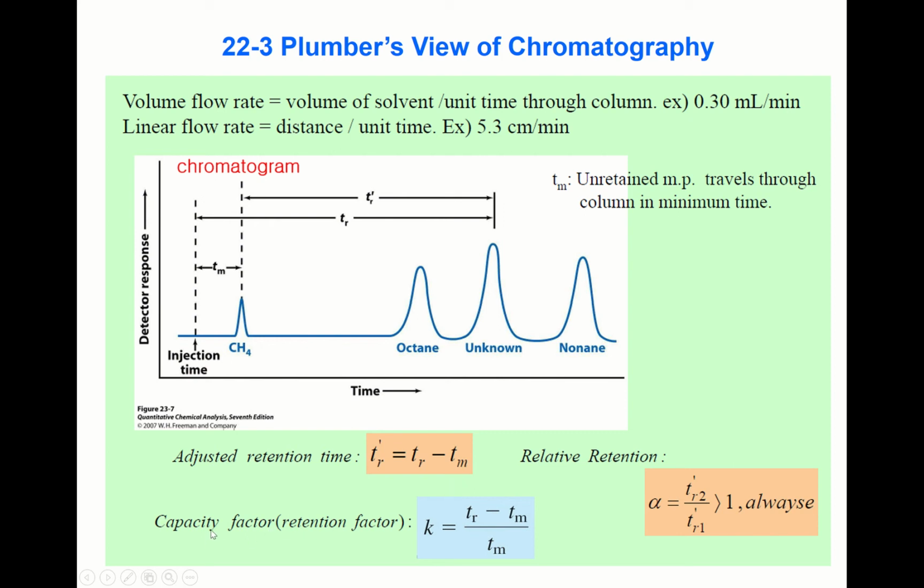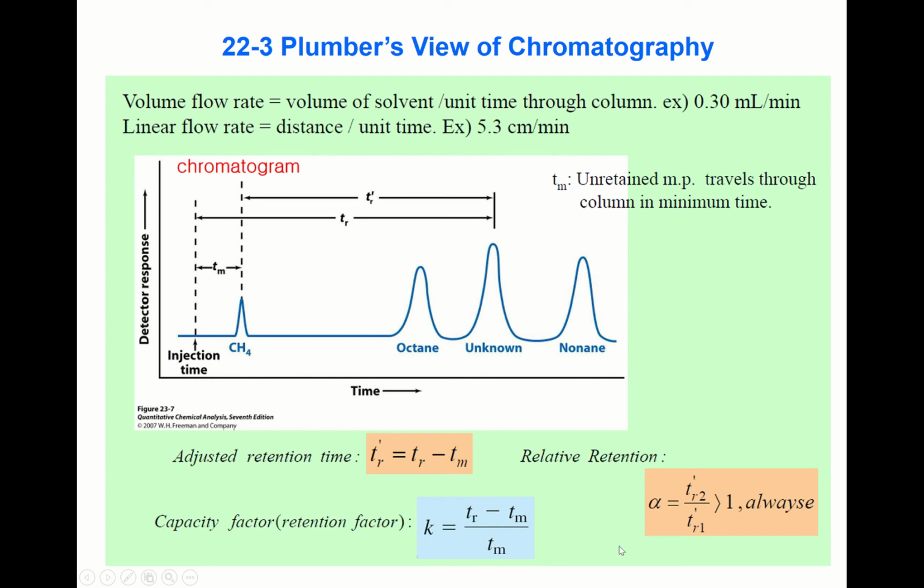The capacity factor, also called the retention factor, is defined with the symbol k. k equals the adjusted retention time Tr prime divided by Tm. If k is larger, that means a larger retention time, and we say the capacity factor is larger.